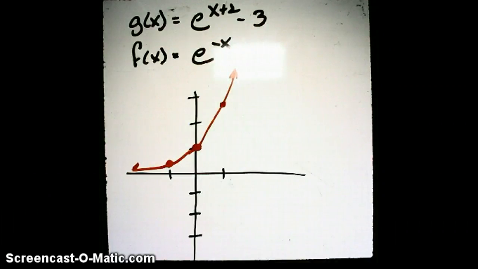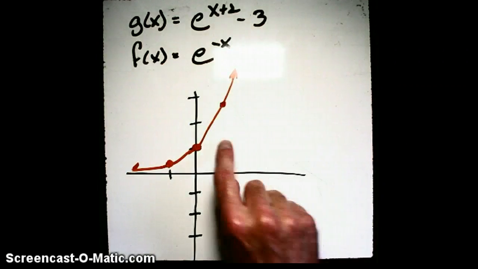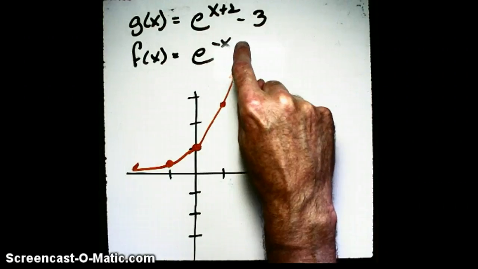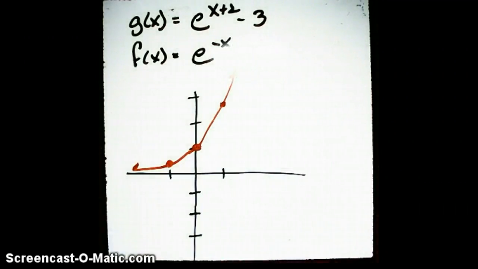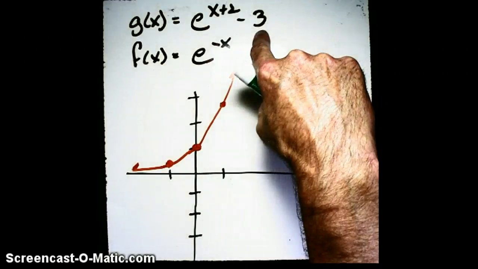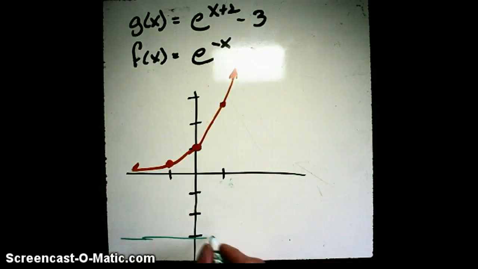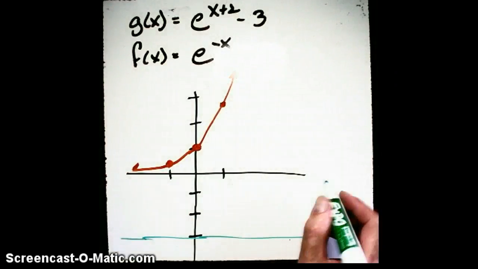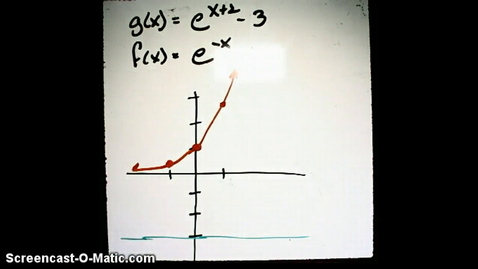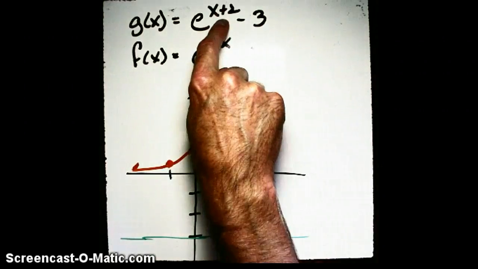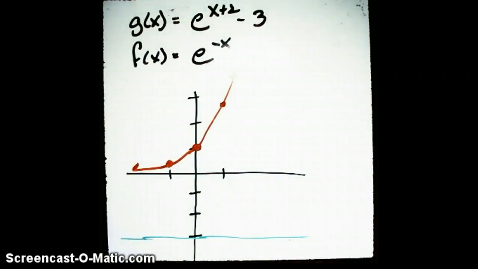Now what I need to be able to do is transformations of y equals e to the x. So let's do the top one. On the top one, notice that the horizontal asymptote went down 3. So I'm going to put my green line here instead of the green line here. And so my points are going to go all down 3, but they're going to go to the left 2.